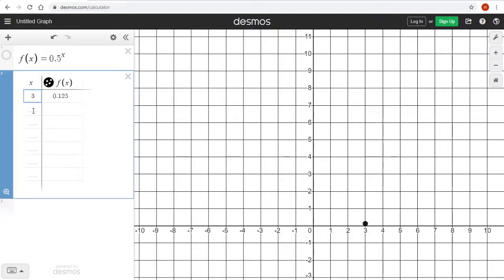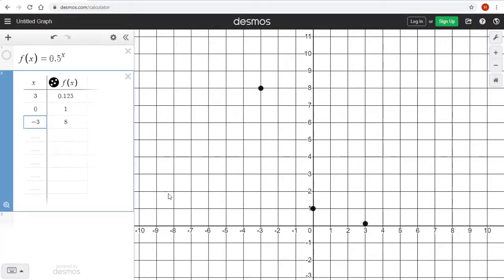We can input a value independently for x equals 0, for example, and Desmos quickly came up with y equals 1. And of course, you can use your calculator to verify that 0.5 to the 0 power equals 1. And then for the next value, we can quickly try -3, for example.